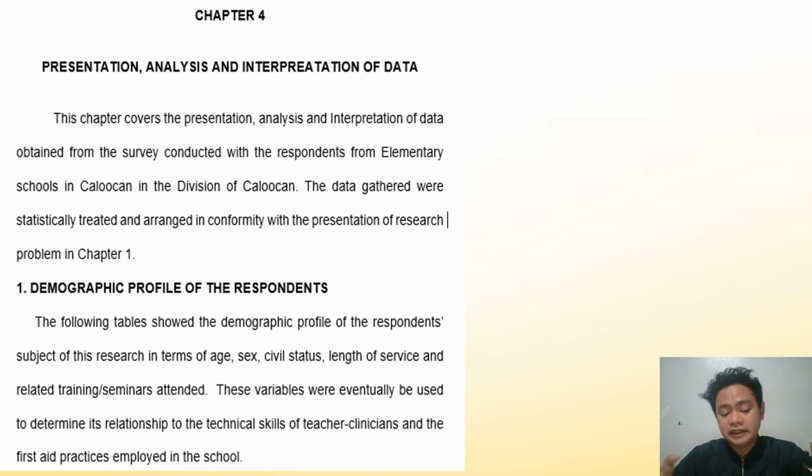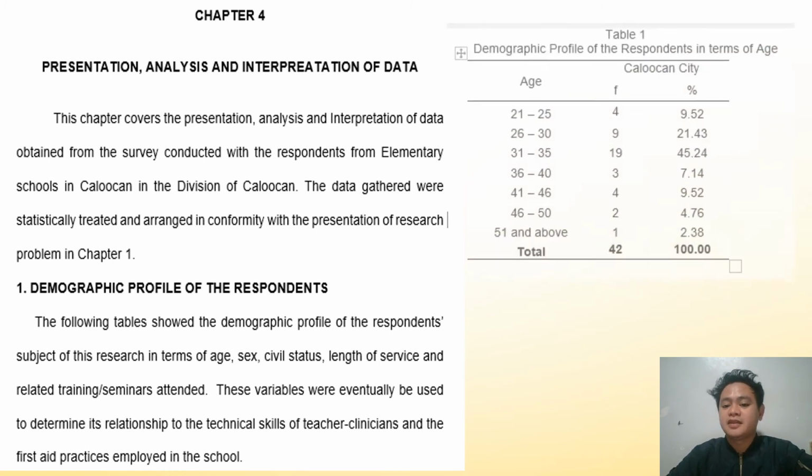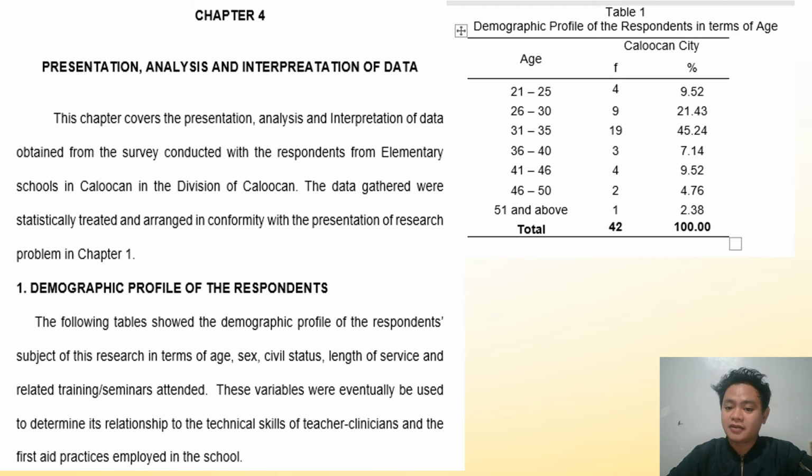Take note, the introductory statement is very important. So these variables will eventually be used to determine its relationship to the technical skills of teacher clinicians and the first aid practices employed in the school. So this is the table that was used. Okay, so in presenting the data, the researcher used tables.